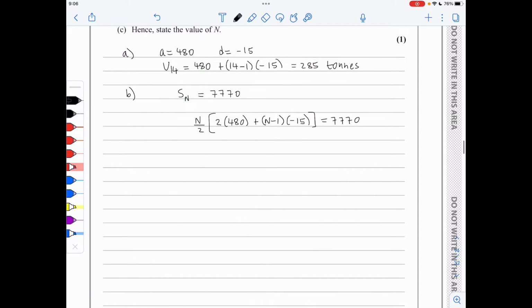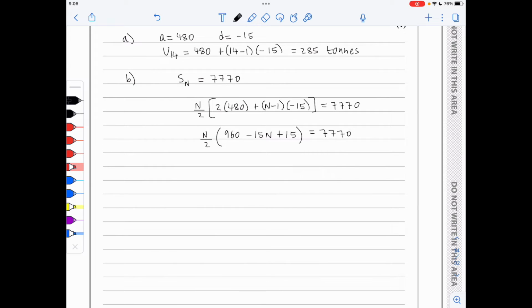So this means that capital N over 2 times (960 minus 15N plus 15) is 7,770. So I will proceed in expanding this, so the 2 will be cross multiplied. In the bracket I've got 975 minus 15N. On the right hand side I've got 15,540.